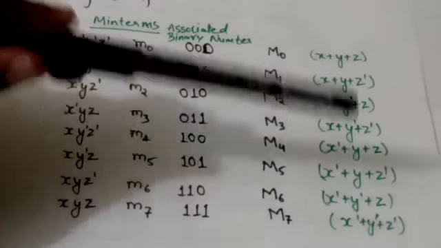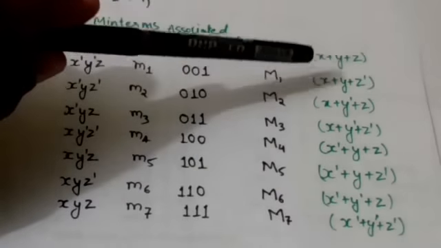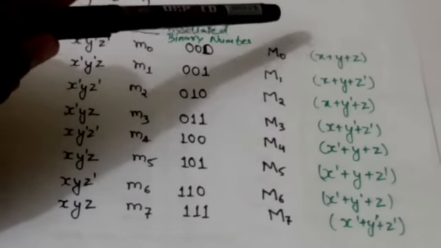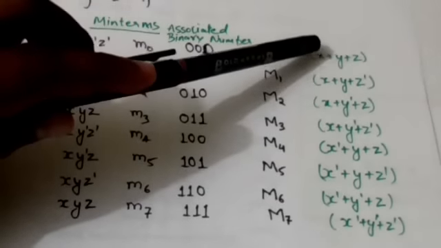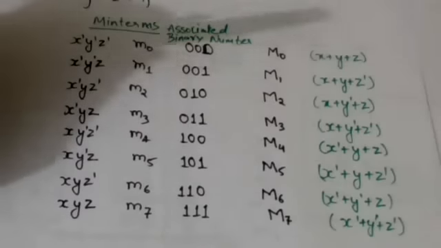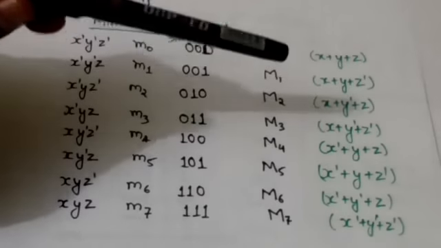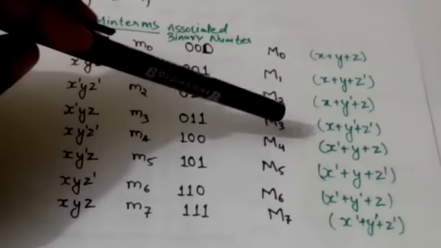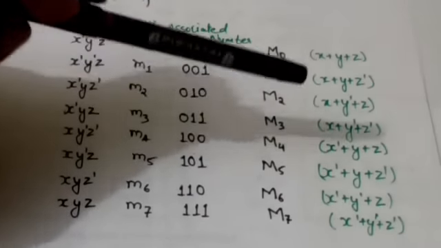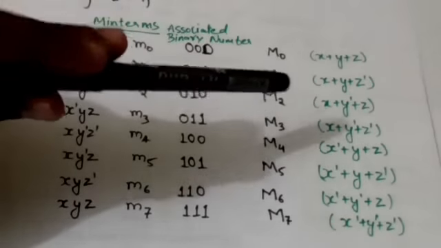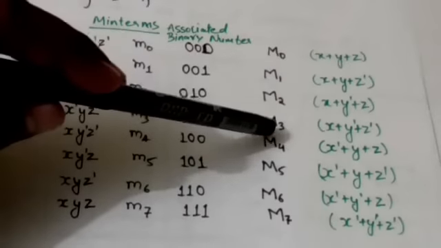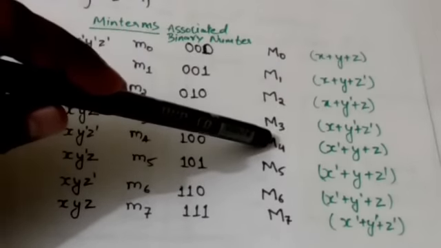Here also in maxterms, each bit of the binary number corresponds to a binary variable of the maxterm. Now look at this maxterm M with subscript 4. The binary number associated with this maxterm has a decimal value 4.